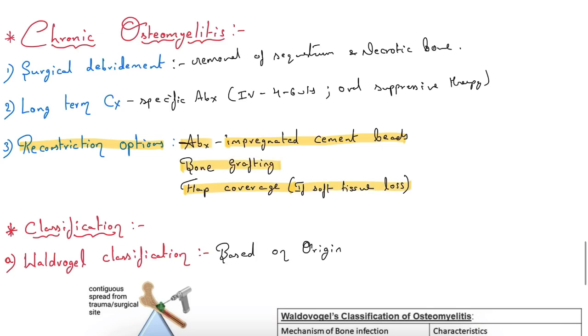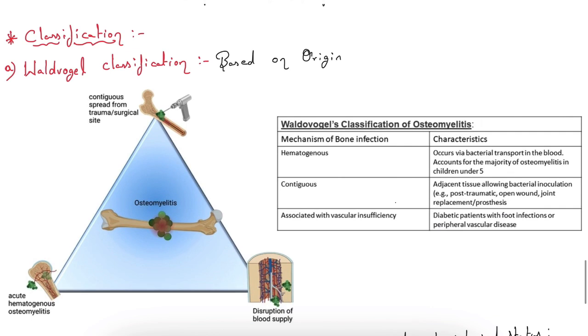Next, in classification, in total we have two types of classification in osteomyelitis. First one, Waldvogel classification. In Waldvogel classification, first of all, it's based on origin. In total we have three types.